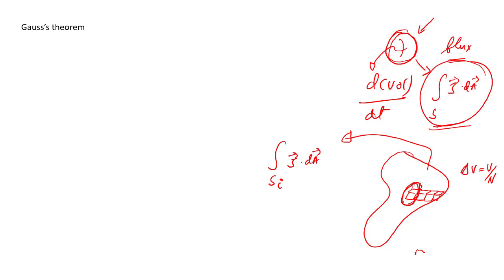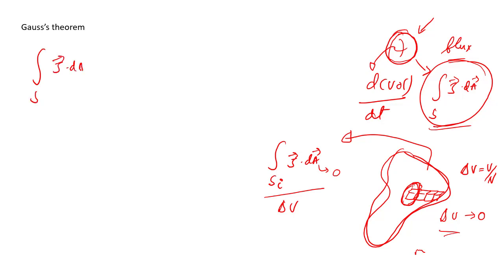If I make this volume delta V go to 0, each of the elements may give rise to zero flux. To avoid that, we scale by dividing by delta V. Now the net flux through the entire surface of this potato is the summation, for i equal to 1 to n, of the net flux over each tiny cube.